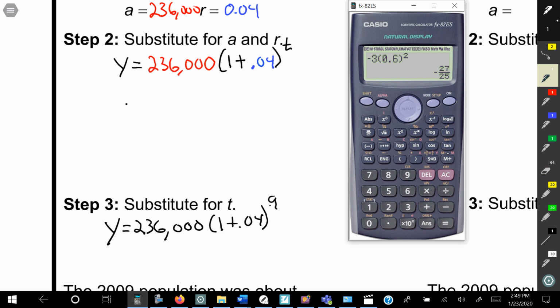So I'm going to clear this out. 236,000 times 1 plus 0.04, close parentheses, and raise that to the 9th year.